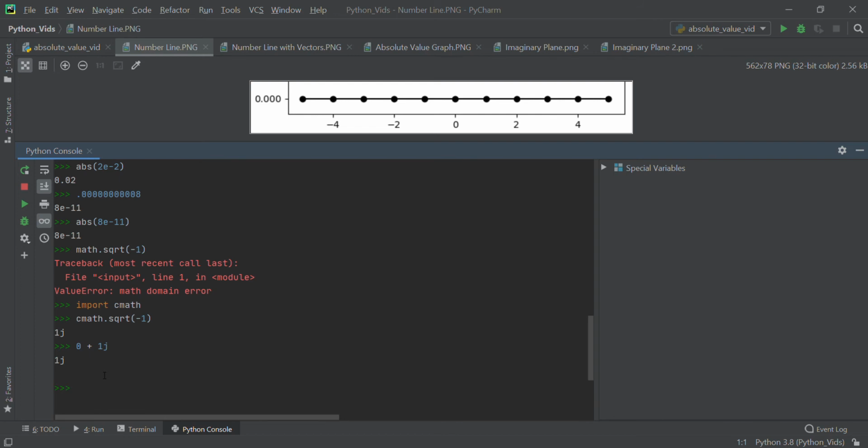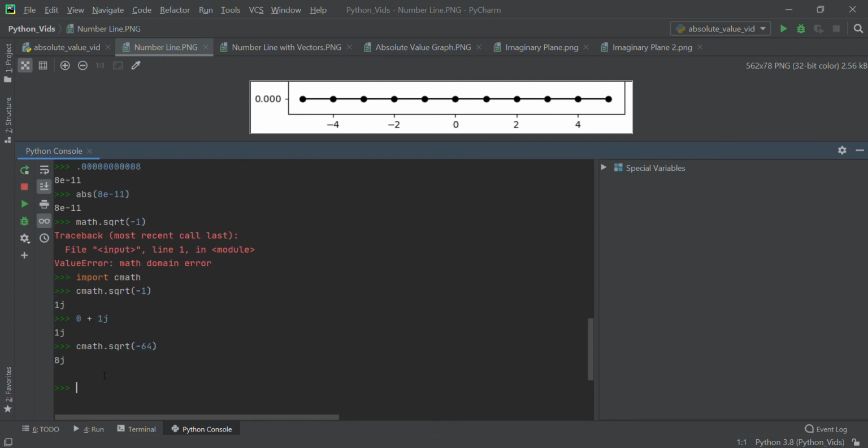Let's look at a different example. What's the square root of -64? That's 8j, which makes sense. It's going to be 8 times the square root of -1. It has a real part of 0 and an imaginary part of 8.